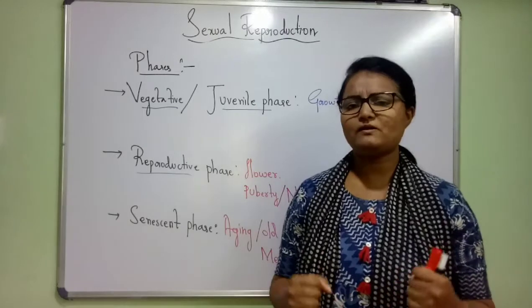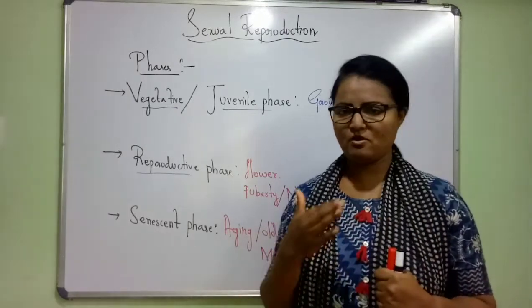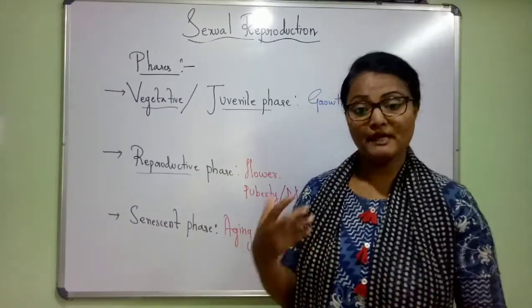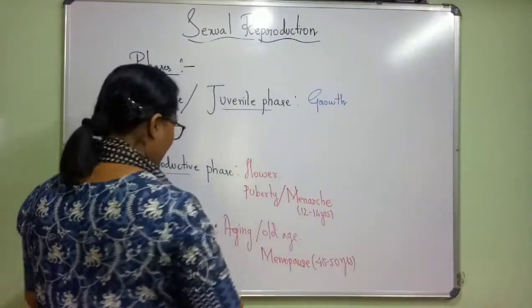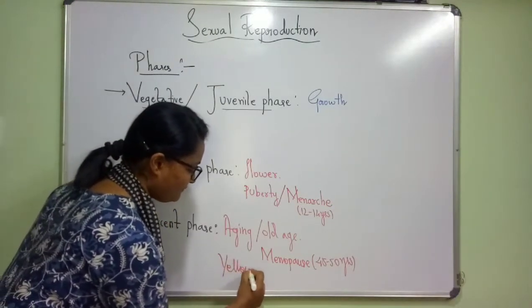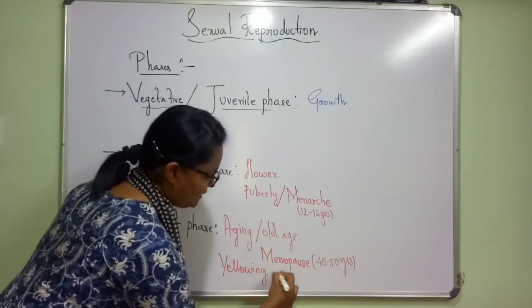We discussed plants, where senescence is the cessation or stoppage of all metabolic activities. How is it indicated in plants? In plants it is indicated by yellowing of leaves.